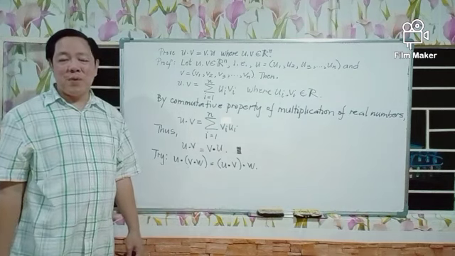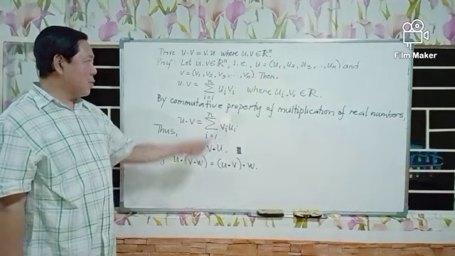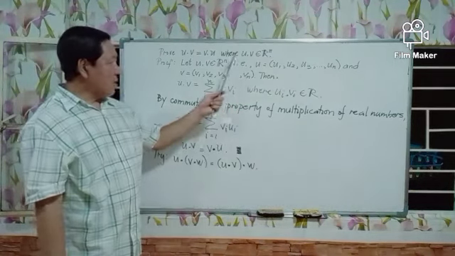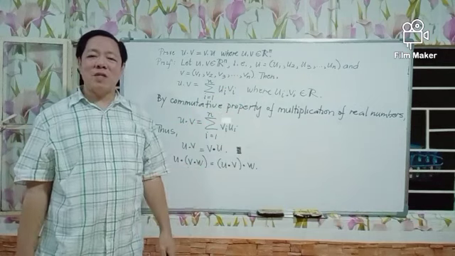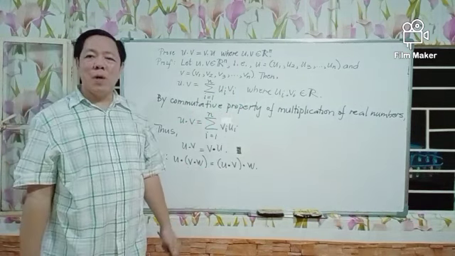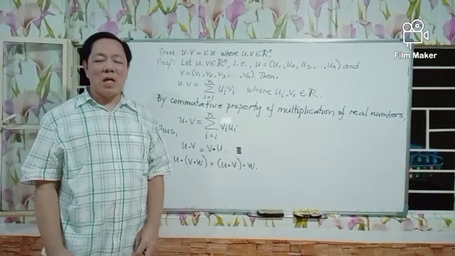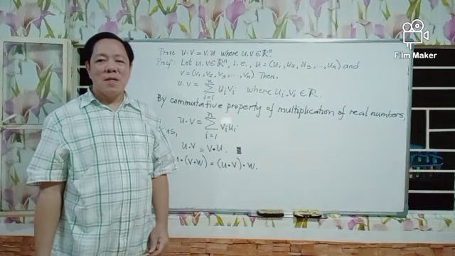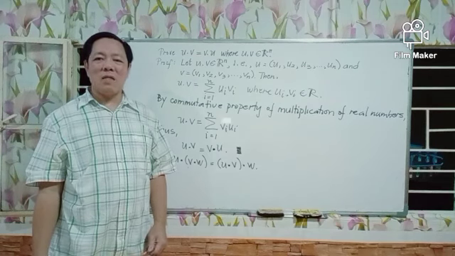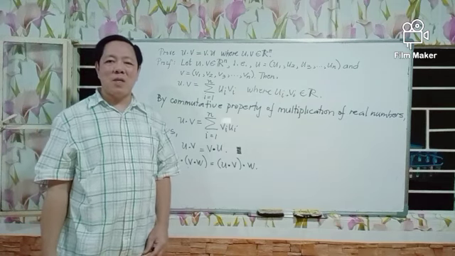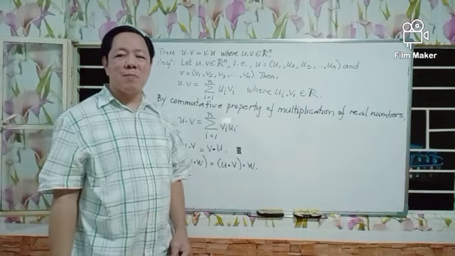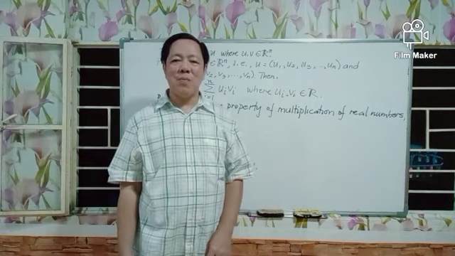For the proof, you let u, v, w be elements of R^n. Because u, v, w are elements of R^n, the coordinates of u, v, w are real numbers. And we know from algebra that the multiplication of real numbers also satisfies the associative property. That is, in multiplying real numbers, grouping is not important.